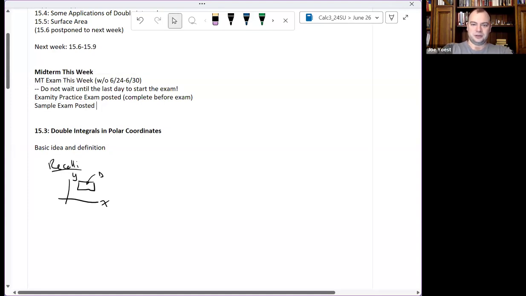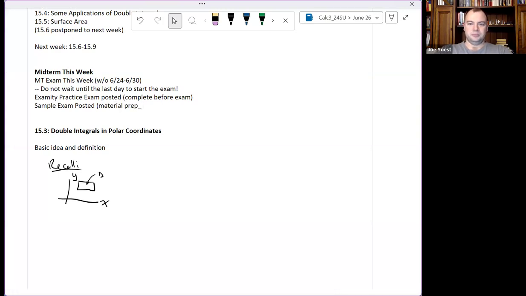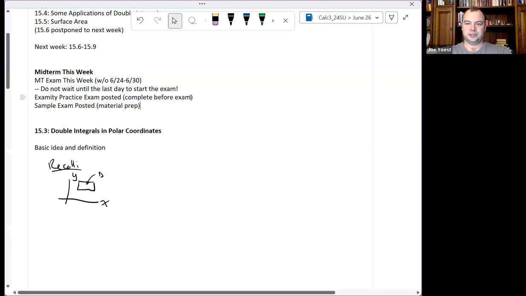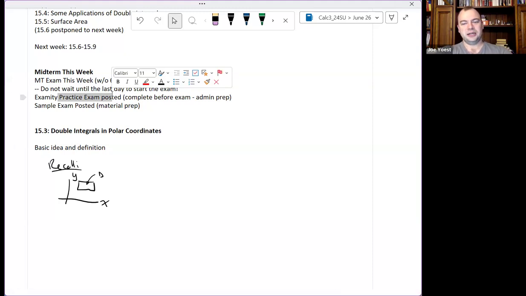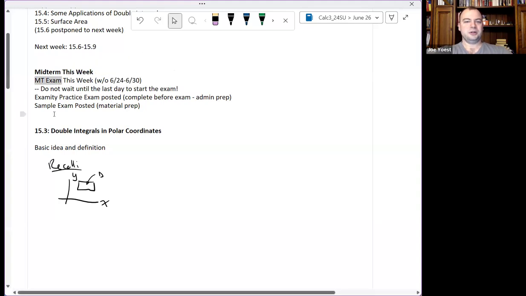So this is the material preparation, and this is the administrative preparation. So the Examity practice exam is to get all those administrative details worked out in a lower stress environment, so you're not worrying about how do I get all the sessions started up and all that, while you're also already a little bit stressed with getting ready to take the midterm exam. And the sample exam is not password protected. You don't take it through Examity. It's just posted and available.